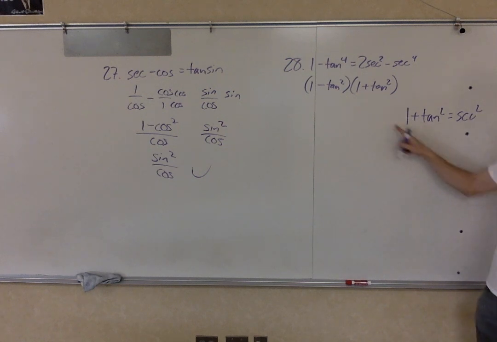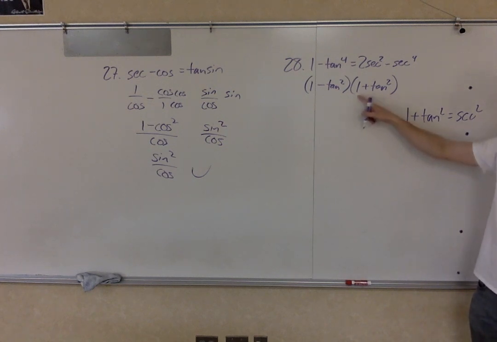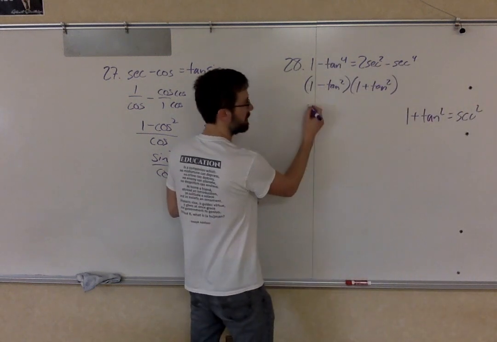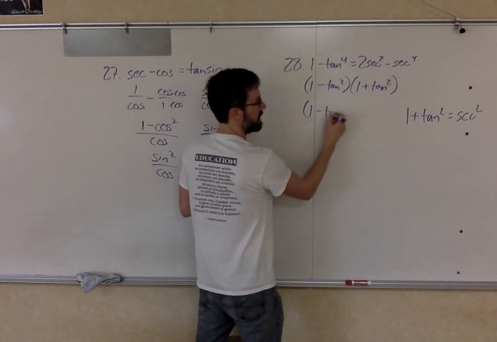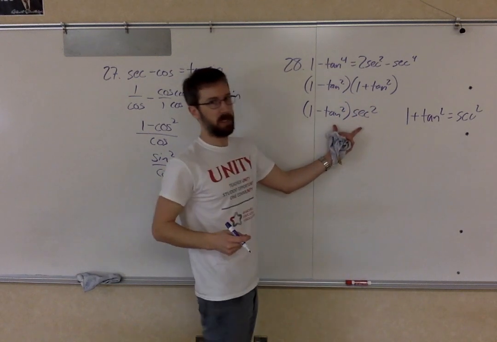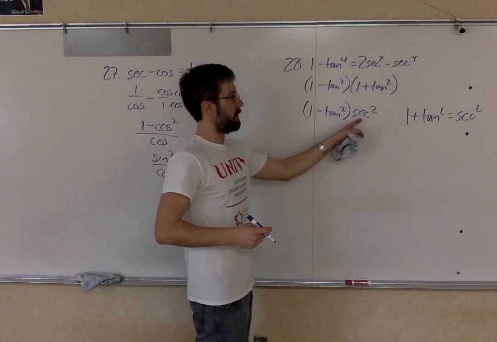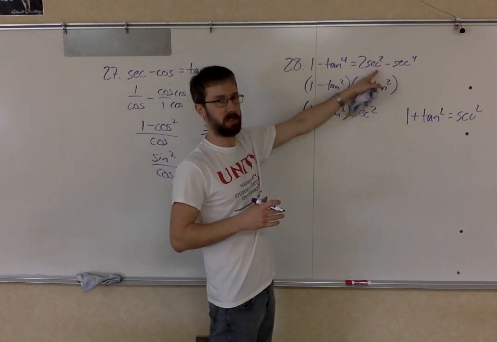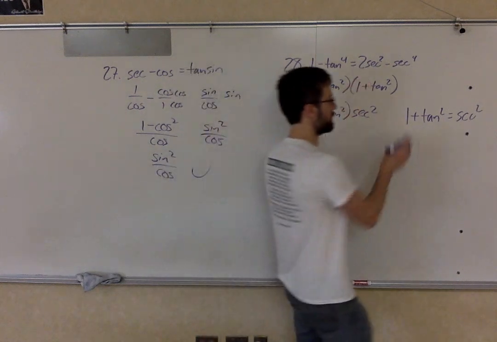So right away, this one is exactly that. So I can make this 1 minus tangent squared times secant squared. So I'm getting closer, right? I'm going to try to convert everything on this side into terms of secant, so it looks like this.